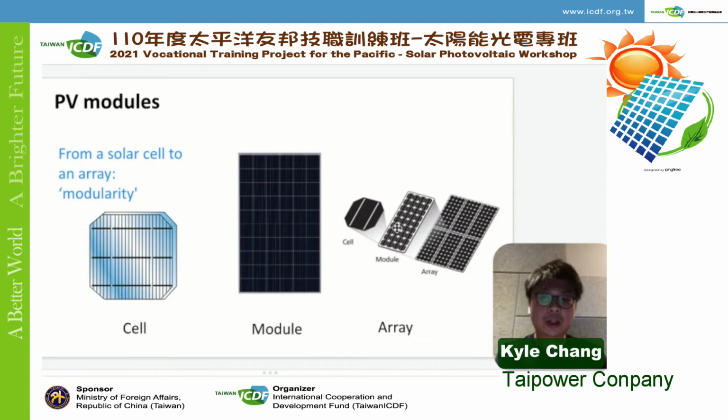I think there are different ways in which the cells in a module can be arranged, which influence the characteristics of a module.